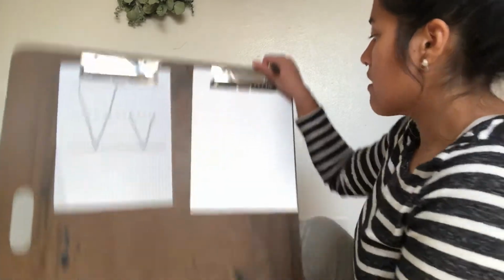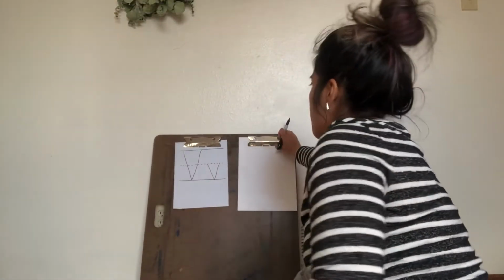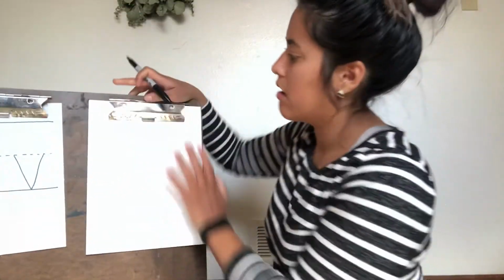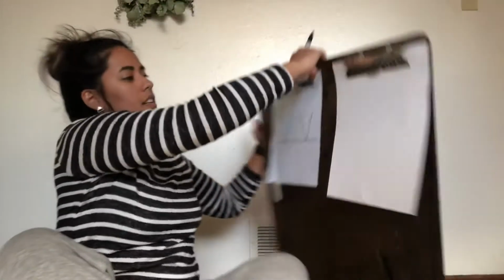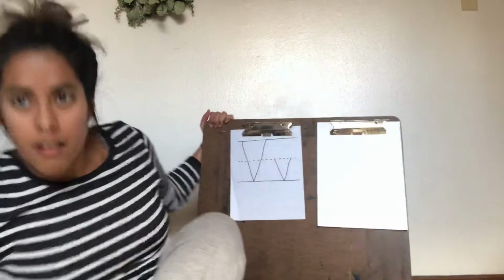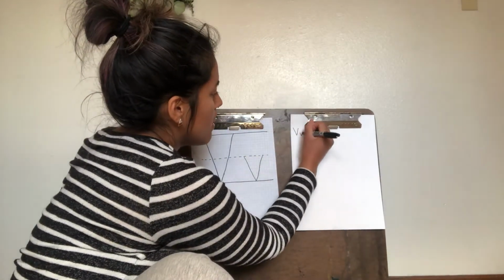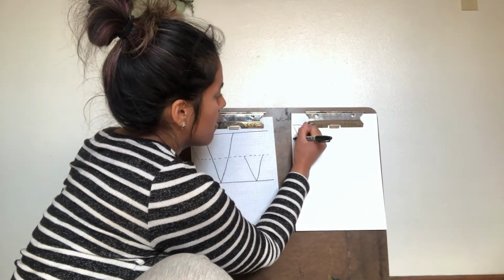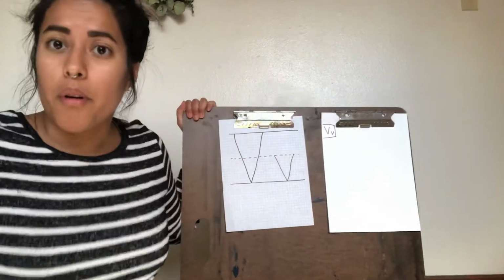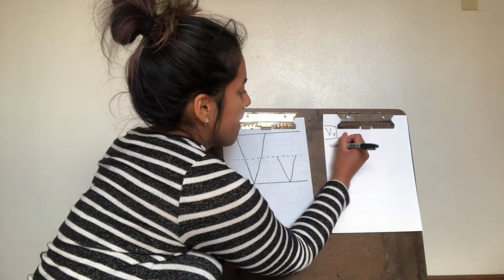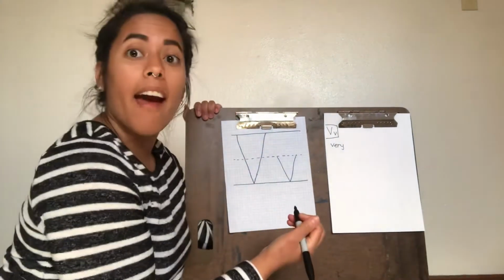Okay, so let's come up with some words. I said a few while I was writing. This is kind of tough. I'm going to come to this side. I'm right-handed. Okay, there we go. That feels better. All right, so V and V. So I said one earlier, very. We can add Vincent.